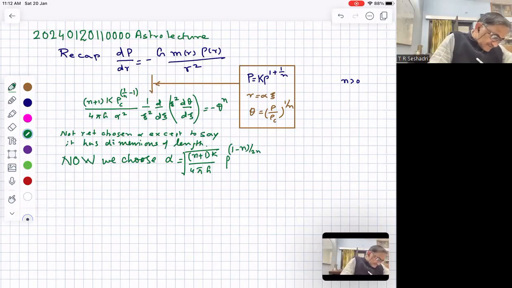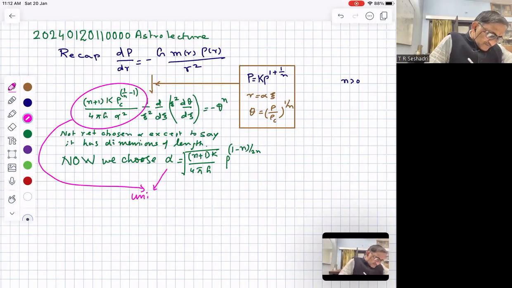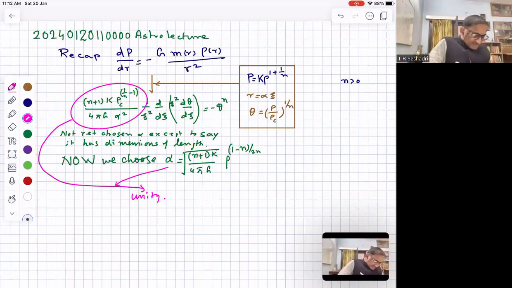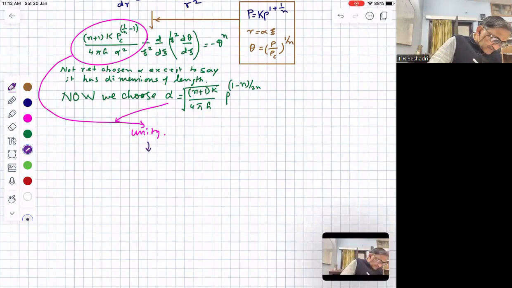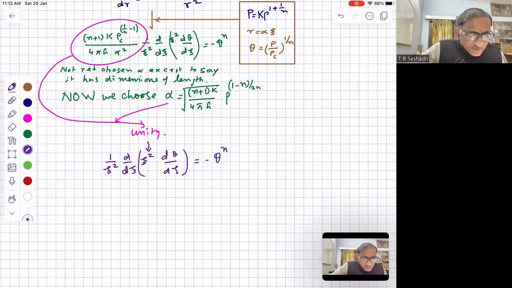And this makes the coefficient unity. I choose my alpha to do this because of the convenience. And hence, I reduce this equation to just 1 by xi square d by d xi of xi square d theta by d xi is equal to minus theta power n. So far, okay?